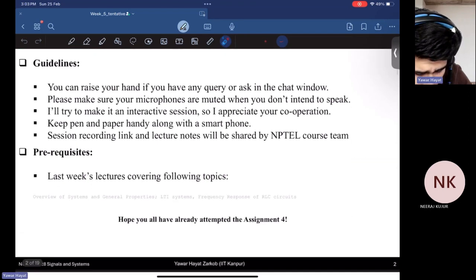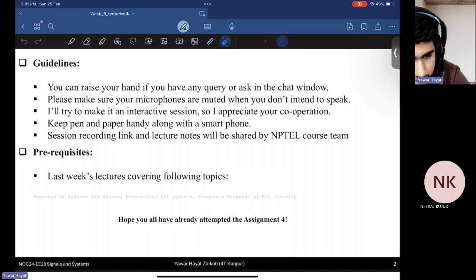We go over the guidelines, while the prerequisites of this session will be the last week's lectures in the course, which covered the following topics: the overview of the systems and the general properties were discussed, LTI systems were discussed, and also the frequency response of RLC circuits was discussed.